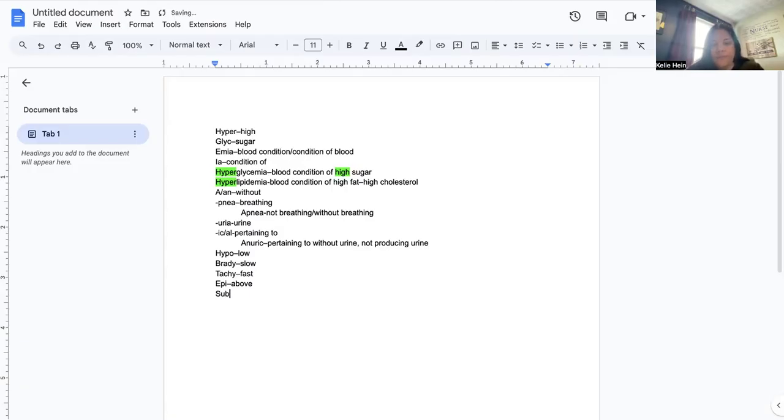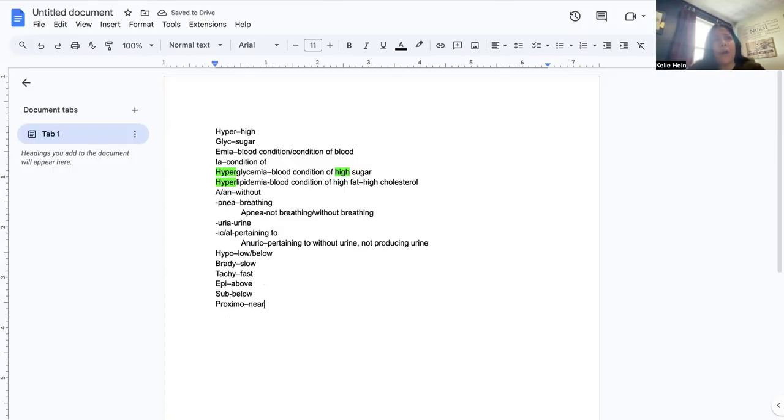Sub is going to be below. Now, hypo can also be below. You can say hypogastric to be below the stomach, low and below, but it still rhymes. It still rhymes, right? Epi above, sub below. Let's do some directions. Directions throw people off. Proximo, near. Okay.